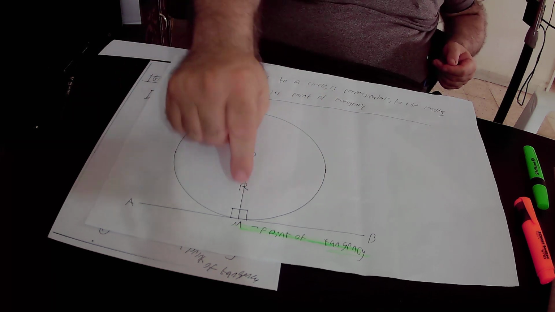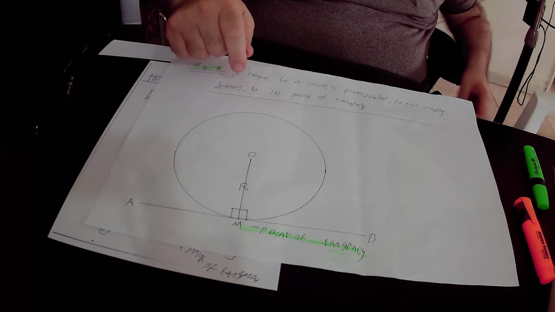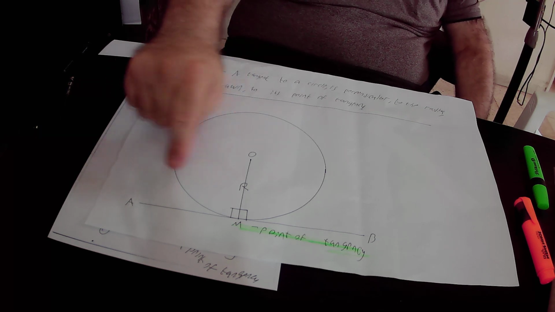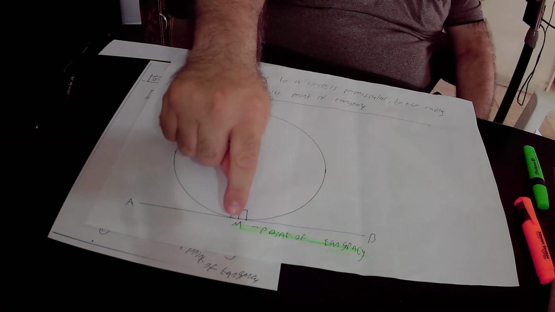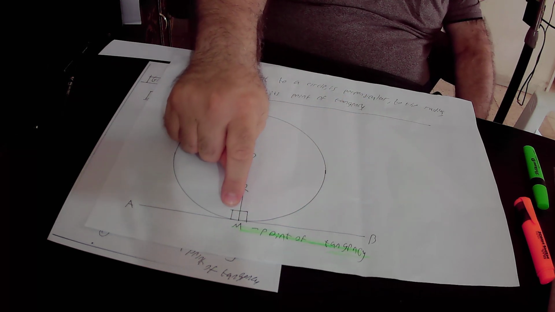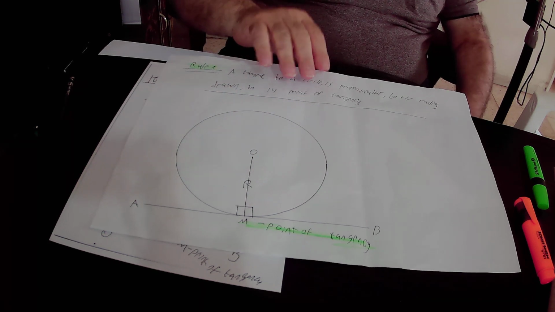And we have the radius OM drawn to the point of tangency. Whenever a radius is drawn to the point of tangency, then tangent AB is perpendicular to the radius MO. So if AB is perpendicular to MO, this angle equals 90 degrees, and this angle also equals 90 degrees.